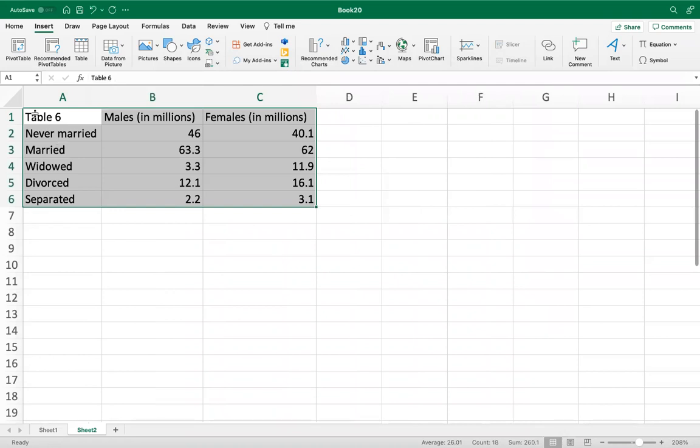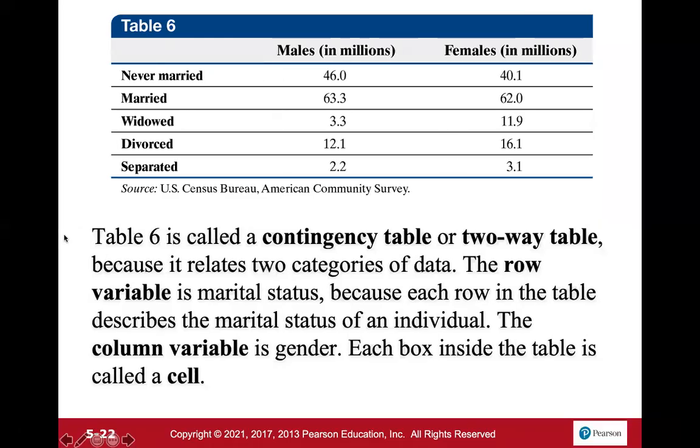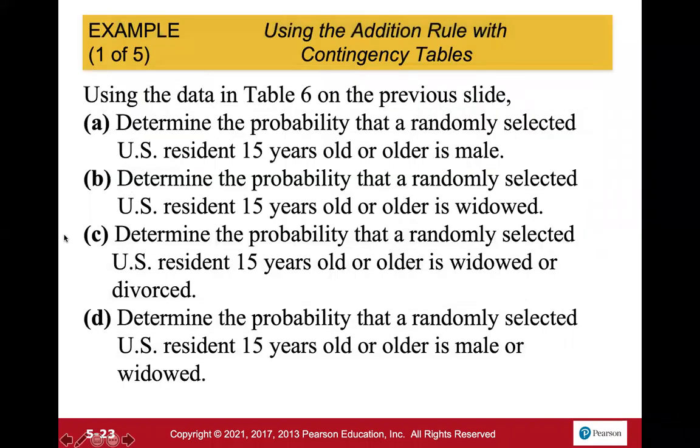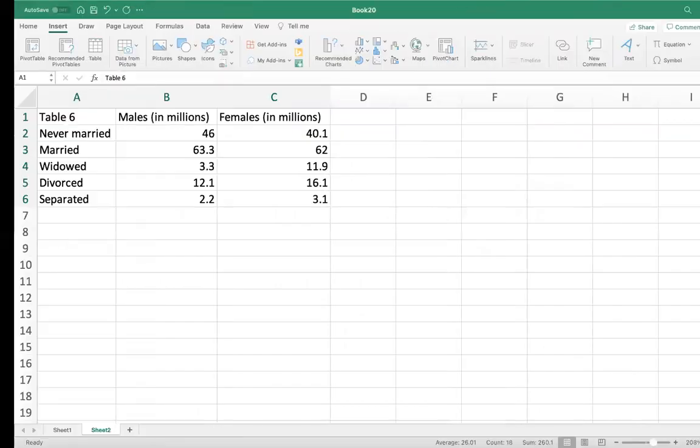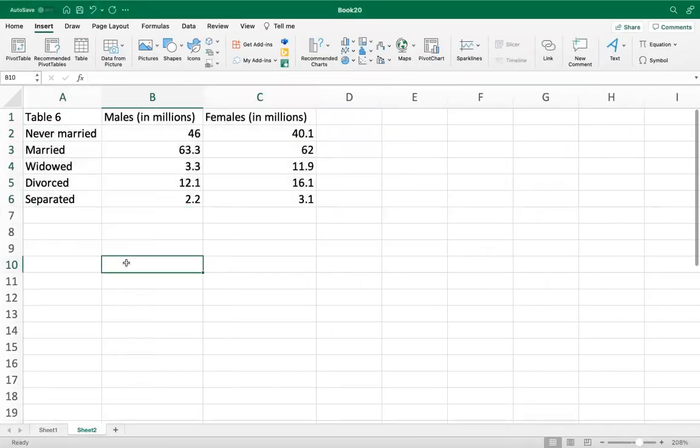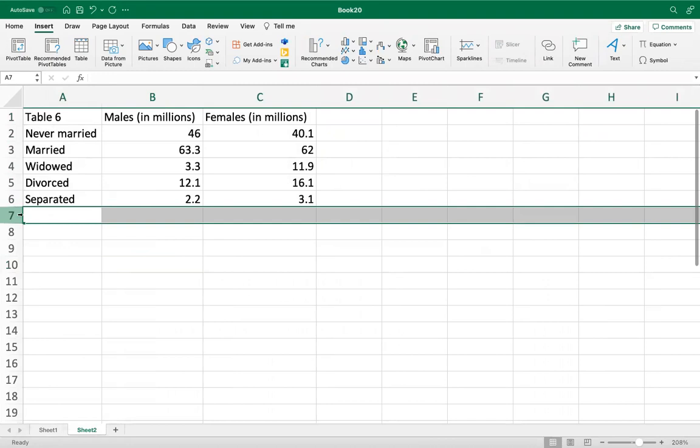Okay, so here table 6 represents males in millions, females in millions, and then the marital status. So from here, the questions that they wanted to ask were A, determine the probability that a randomly selected US resident 15 or older is male. So let's see this. What we could do is look at this and say total.